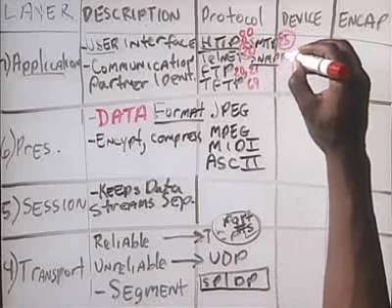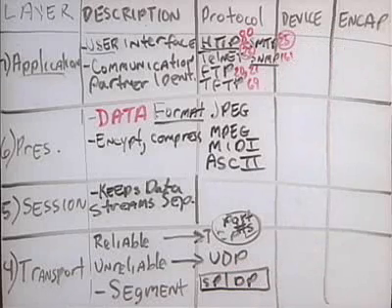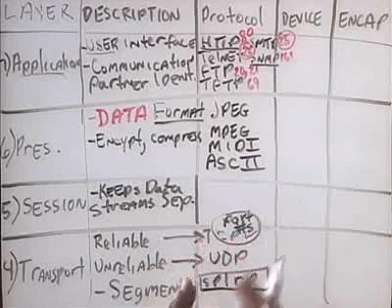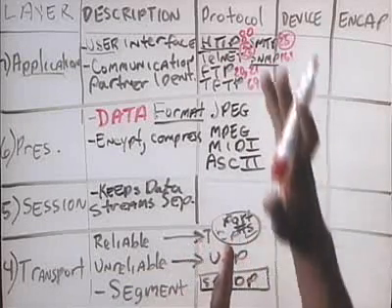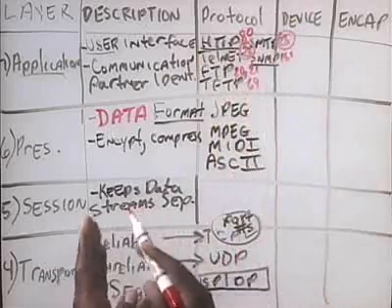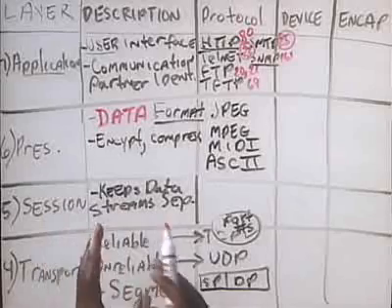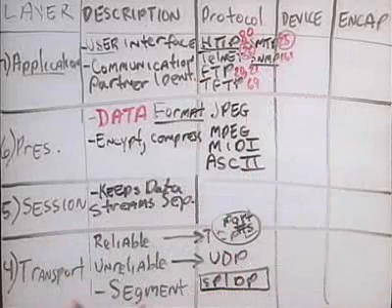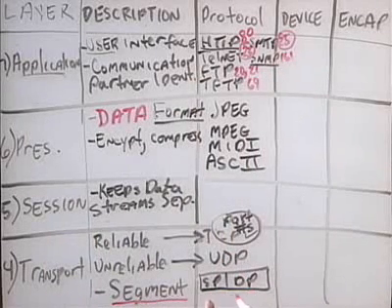SNMP is 161. These are different port numbers that are specified at layer 4 to indicate the upper layer application that's being used. So the session layer is able to keep these data streams separate based on the port number that's in the segment header.